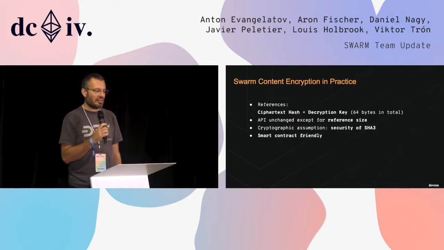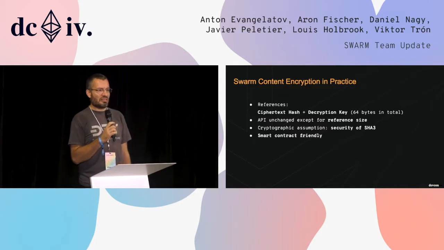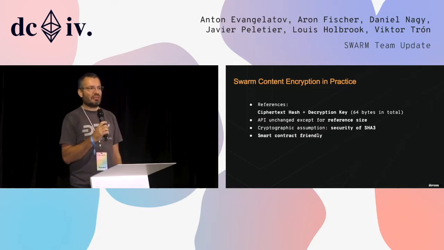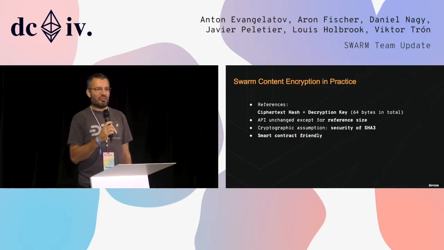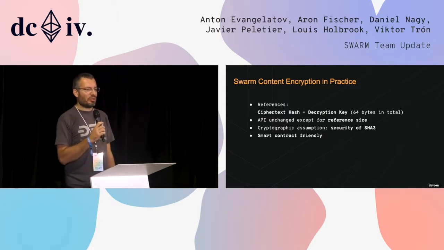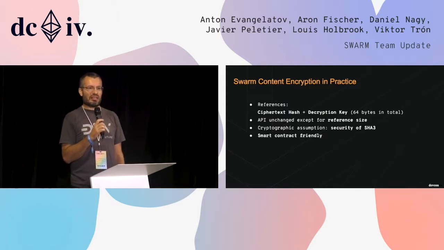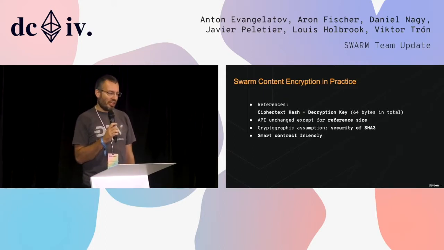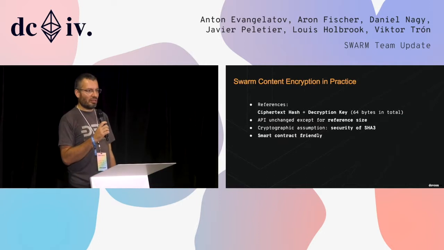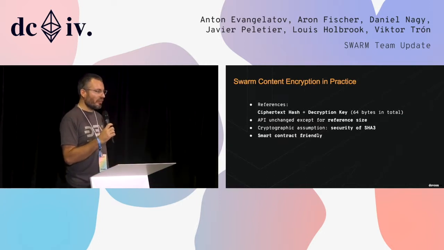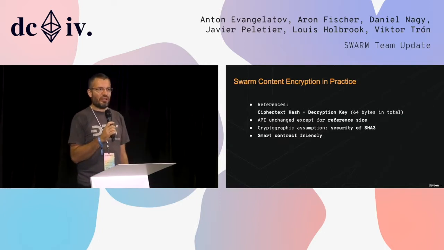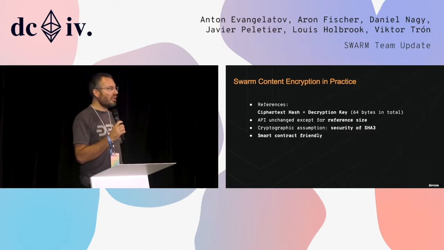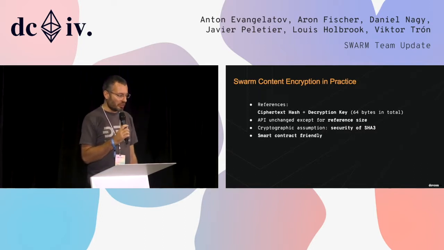The API is exactly the same, and so is the data model, meaning that if you have already written distributed applications for Swarm or looked at the example ones that we have in our public repository, they would work without modification on the encrypted Swarm. So this is a native encryption API on top of Swarm, and every Swarm node supports it.